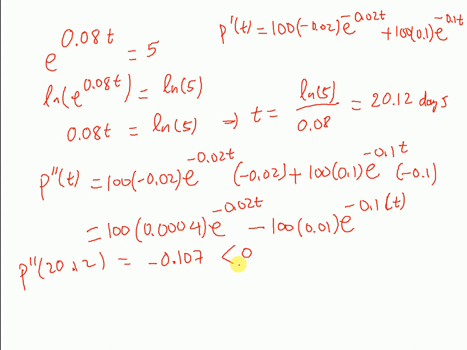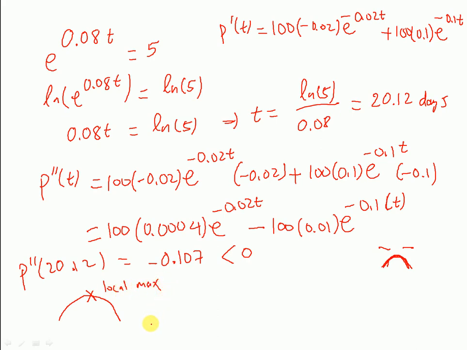So remember, if your second derivative is negative, you got the sad face, right? If we have a sad face, that means the function is concave down at this critical point. If we have concave down at this point, that means we have the local max.